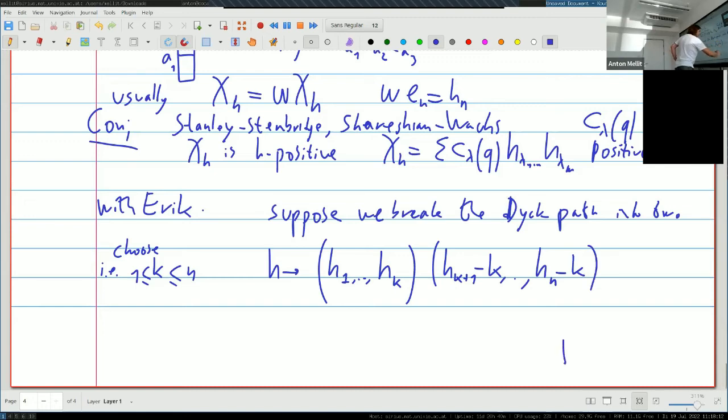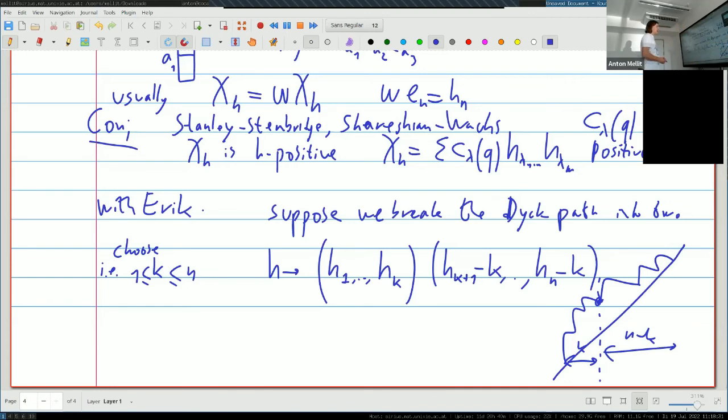So if the graph of this h was like this, we pick some point here, and then we partition everything into two parts, here k and the other side. But notice that the number here is over the diagonal. So these two things are what we call partial derivatives.